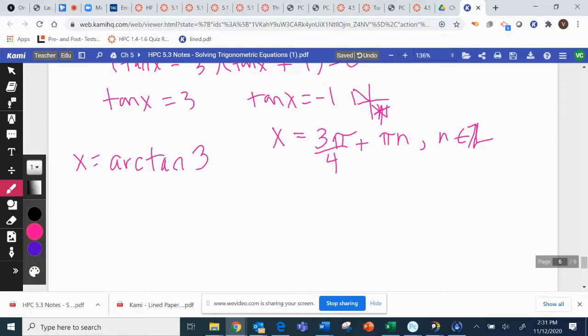That is in the first quadrant. It's positive. Arctan 3 plus, what's the period? Pi n. Now, if I need to know what this number is specifically, what would I need to do? Pull out my calculator and do second tangent 3, and then I could actually know what that number is specifically, but we can write it like that because that's where it is at arctan.